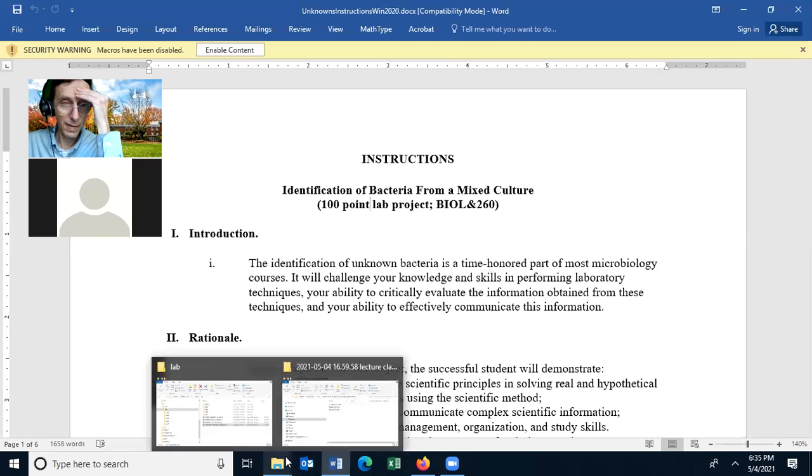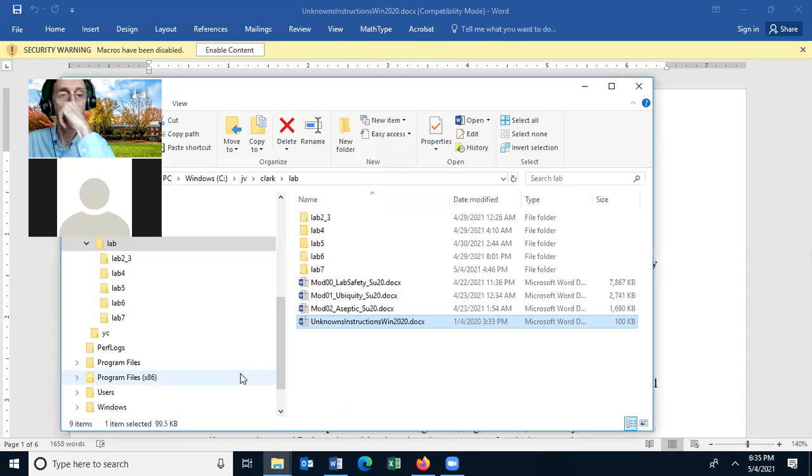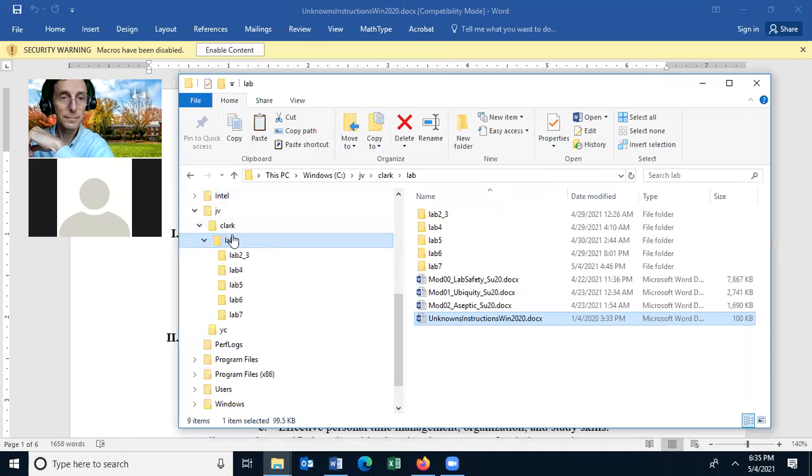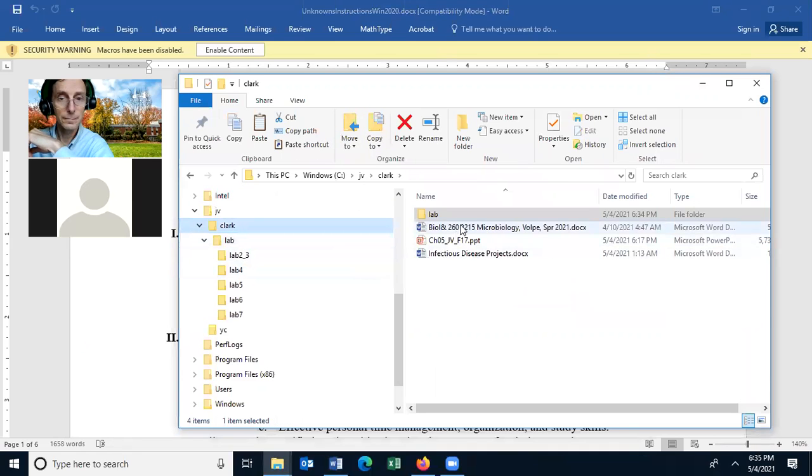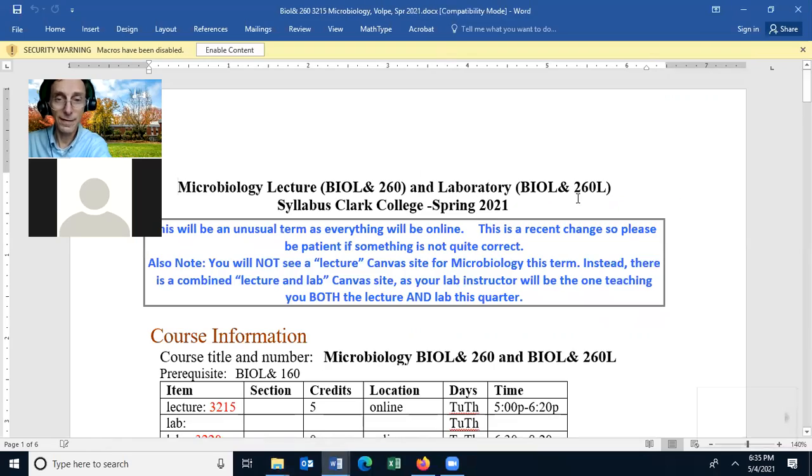Does anyone remember how many points this project is worth? It might only be worth 75 points. Let me take a look here. Always check the syllabus.